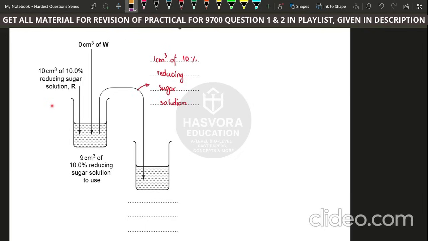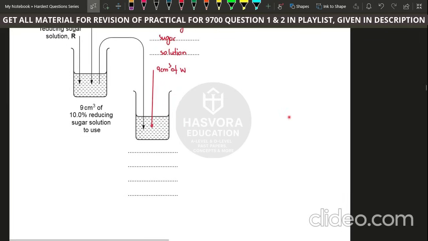Then let me just write it here. Then you have to transfer 9 cm cube of W, which is the distilled water. And then what will be the concentration if I do this?